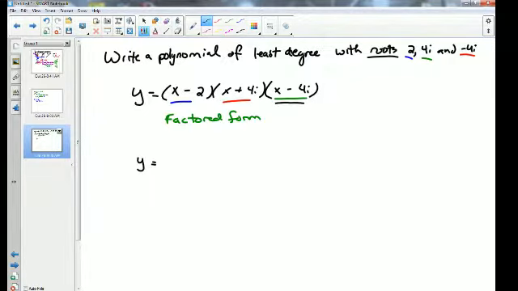FOIL these out. Outers. Inners. Plus, minus. And bring that one with you.